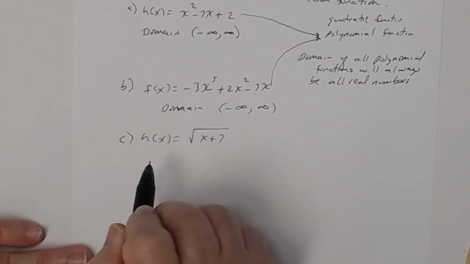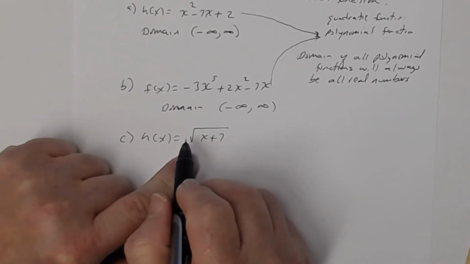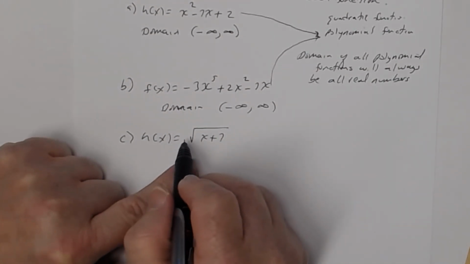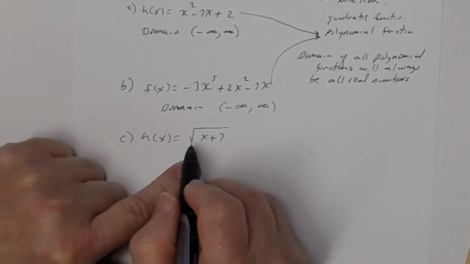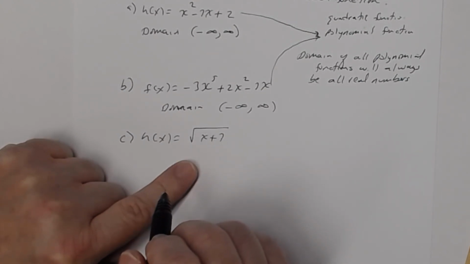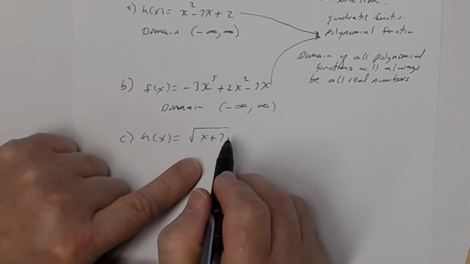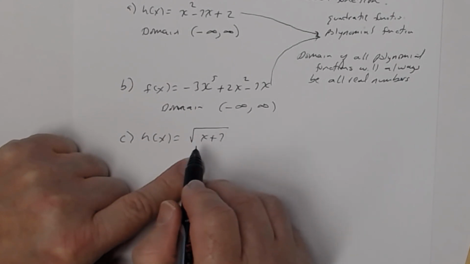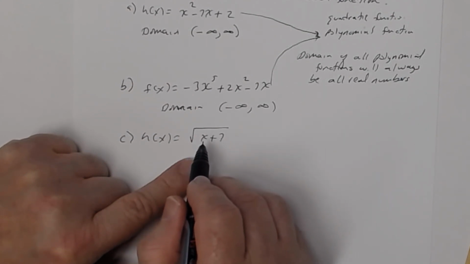So that's square root. Whenever you're dealing with a square root function or a radical function whose index is even, you can only take the square root of a positive number or 0.